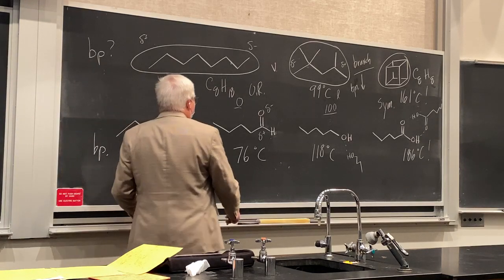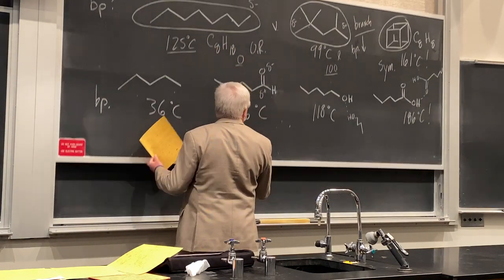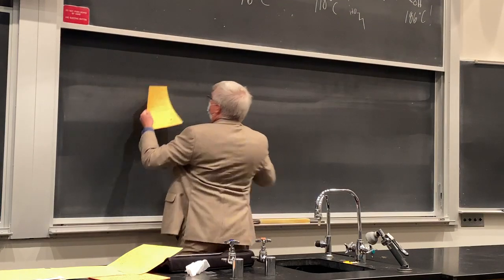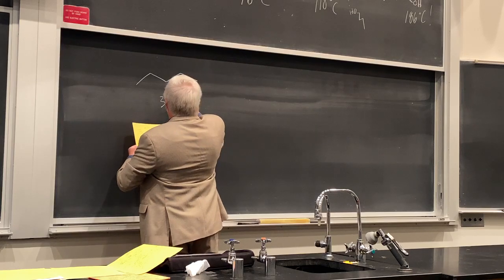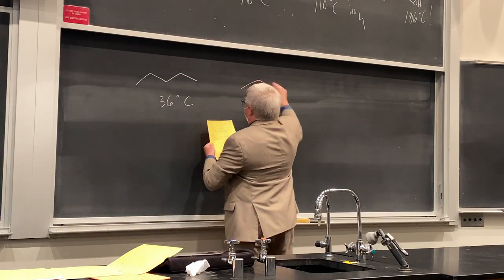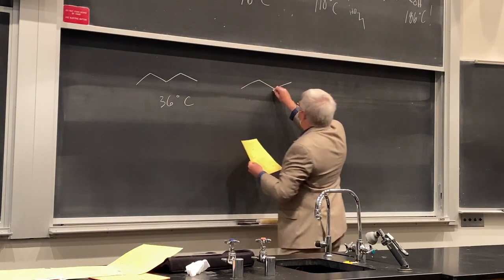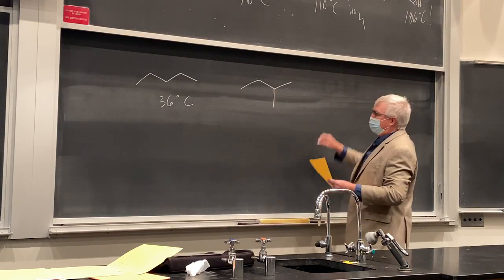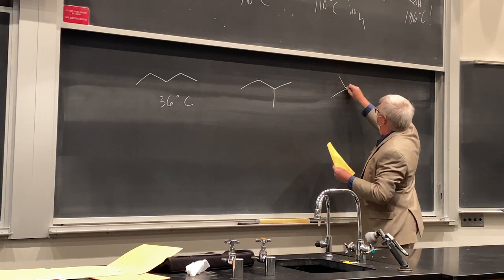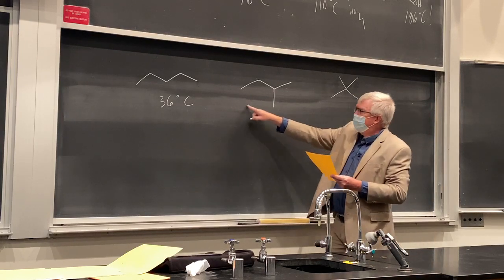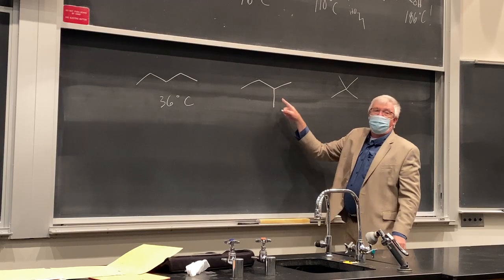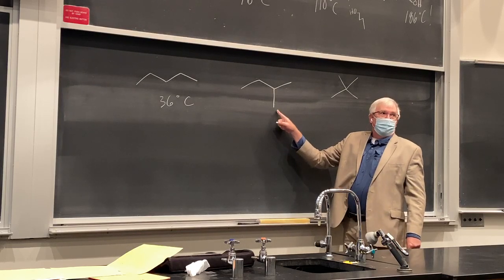All right, let's look at the hydrocarbons here, pentane, a little more detail, 36 degrees. Let's look at this one. So here we got branching going on, and we got more branching. Let's look at the boiling point. So we start at 36 degrees here. What do you predict for this one? A little bit more branching, right? A little bit more spherical.